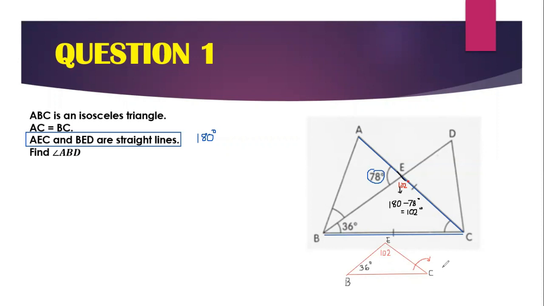So by using the triangle's properties, angle C here equals 180 minus 36 degrees minus 102 degrees. We'll find 42 degrees.